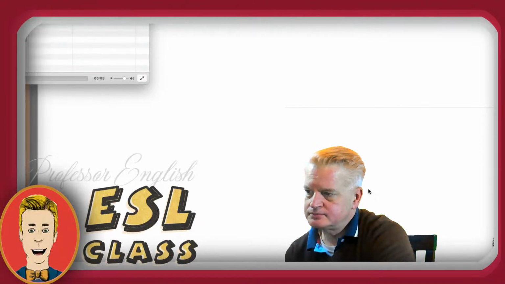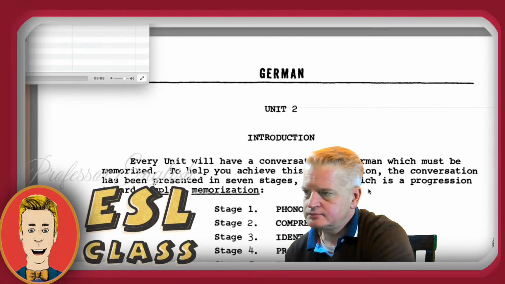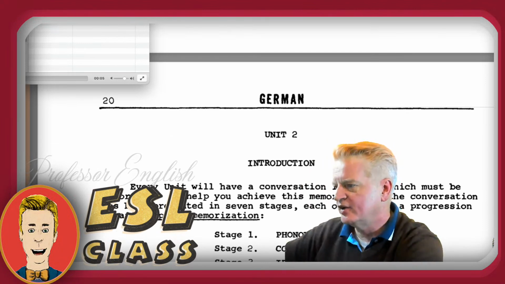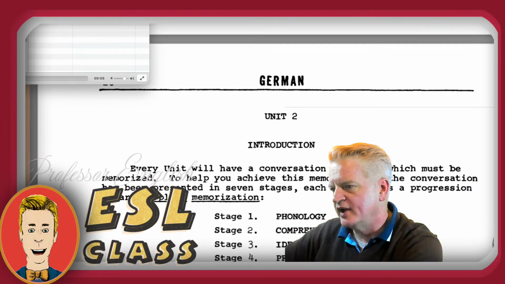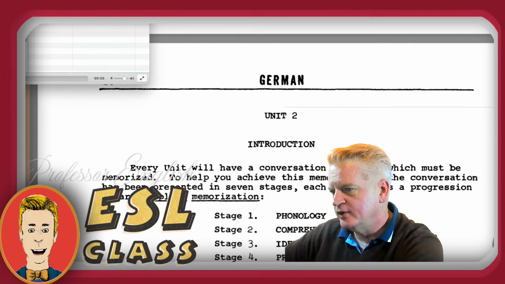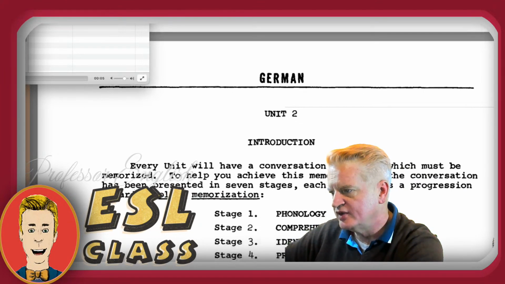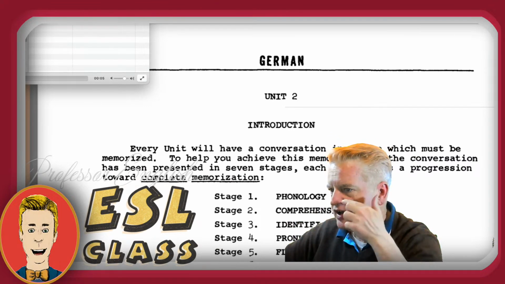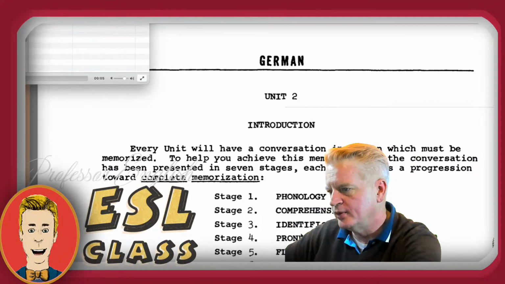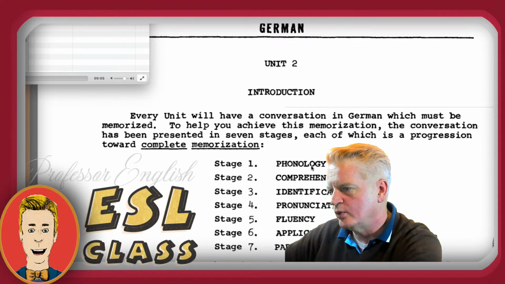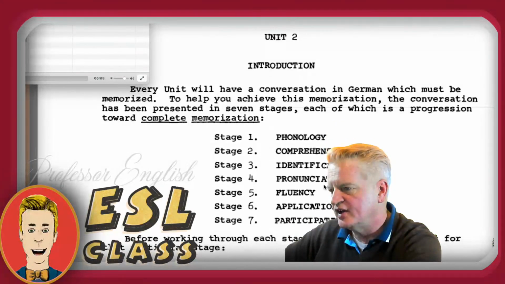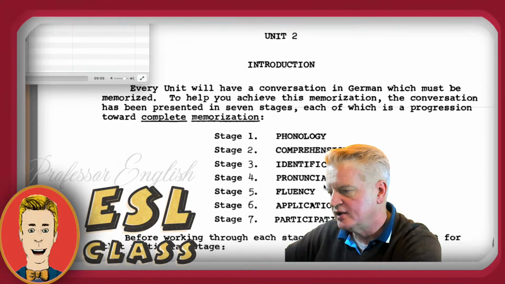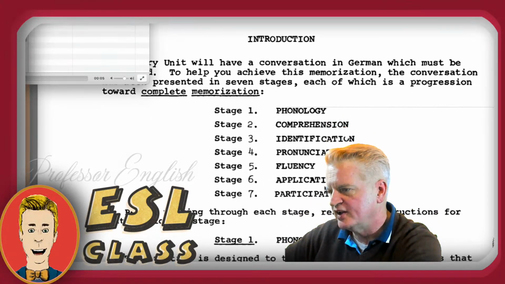Let's see. Unit 2, Introduction. Every unit will have a conversation in German which must be memorized. To help you achieve this memorization, the conversation has been presented in 7 stages, each of which is a progression toward complete memorization. Stage 1, Phonology. Stage 2, Comprehension. Stage 3, Identification. Stage 4, Pronunciation.